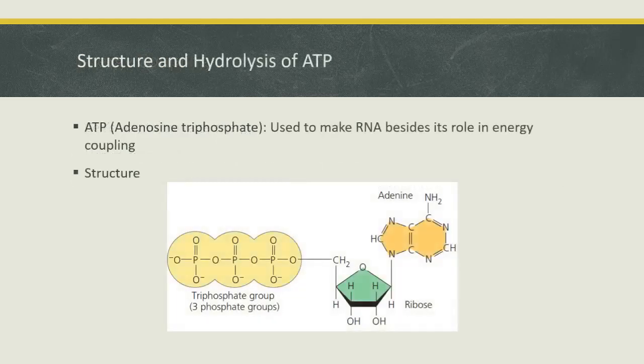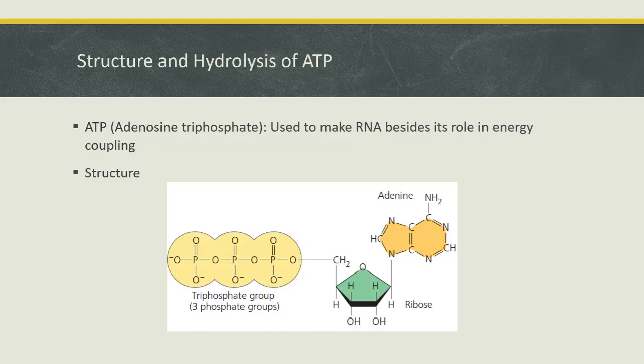Now let's go to the structure and hydrolysis of ATP. ATP stands for adenosine triphosphate, and besides its role in energy coupling, it is used to make RNA, so it is also an important part of RNA. You can see the structure of ATP down there.